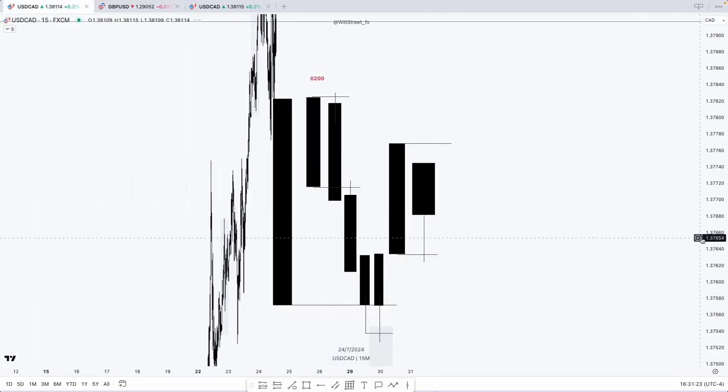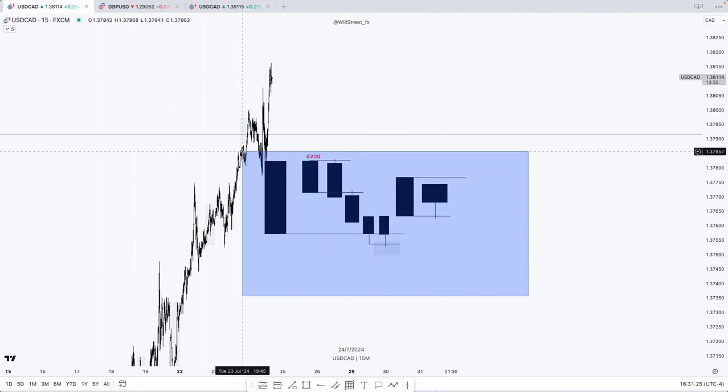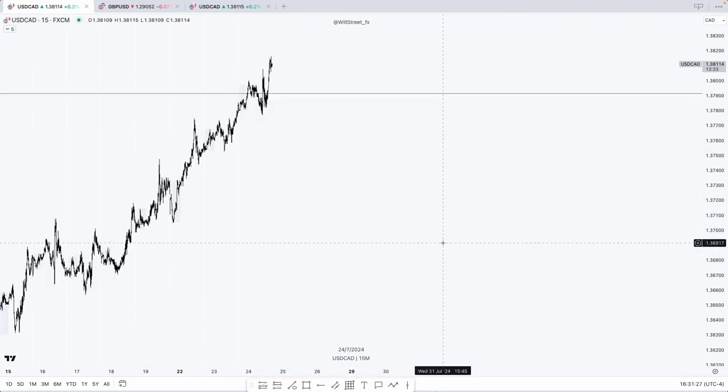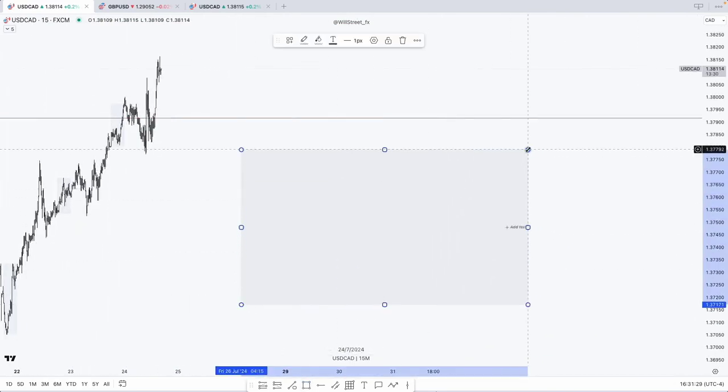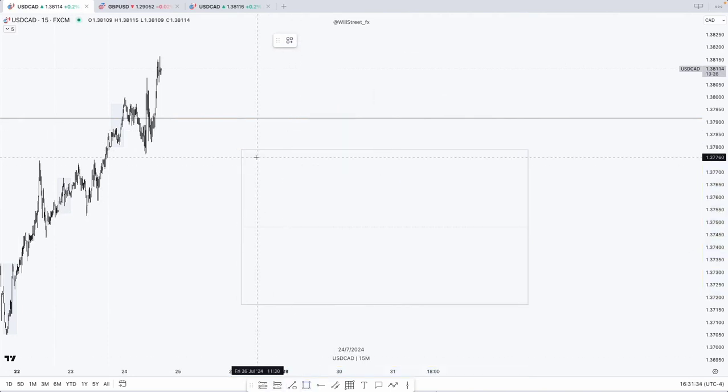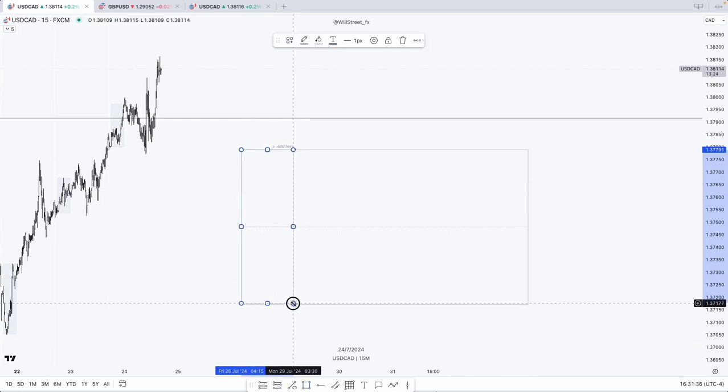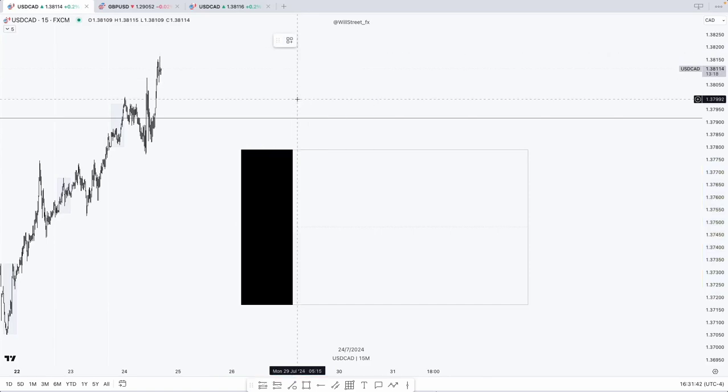Okay, another example. When we have a really clear range, something like this. When the range is really clear, it will probably do something like this.